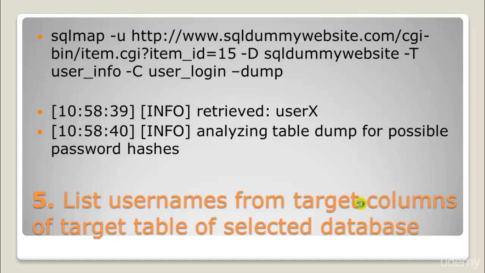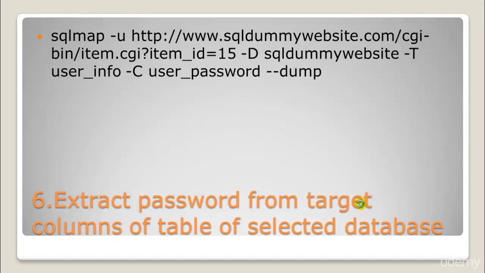When you run this, you will be amazed to see what you have got. We will get the usernames from the database. As you can see, we have retrieved user X, and it will go ahead and analyze the table dump for possible password hashes. After we do that, we need to extract the password from the target columns of the target table of the database using SQL map injection.